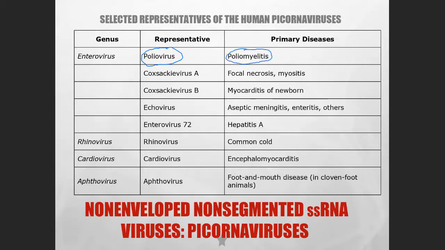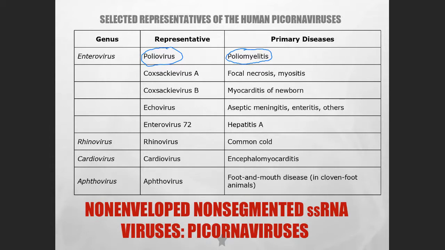Poliomyelitis is a disease that has almost been eradicated, but there are still some people who have polio. The vaccination has been able to reduce the number of polio patients worldwide. It is not eradicated yet.